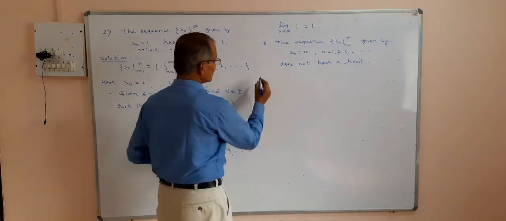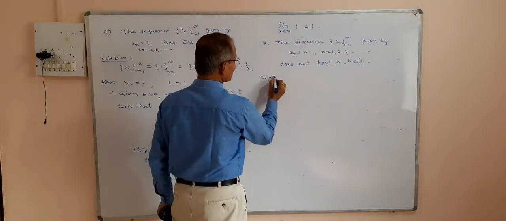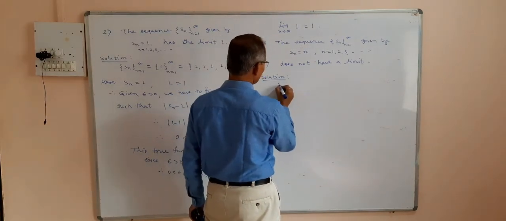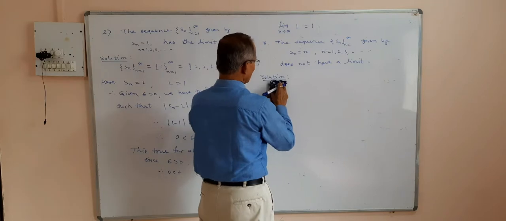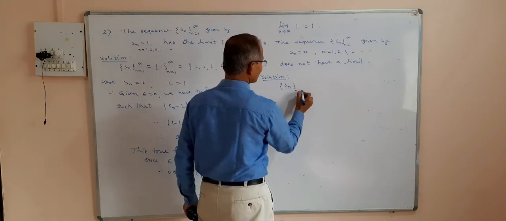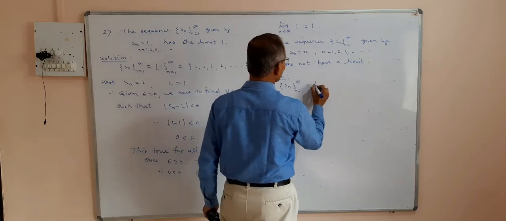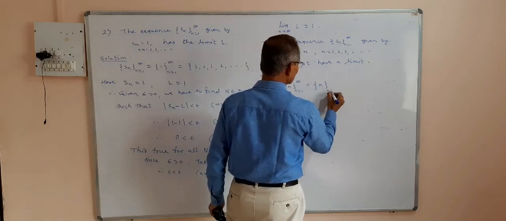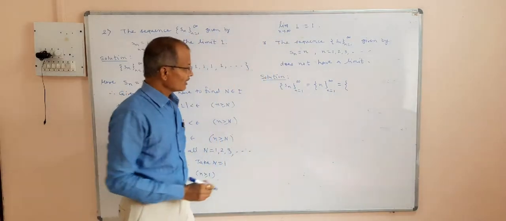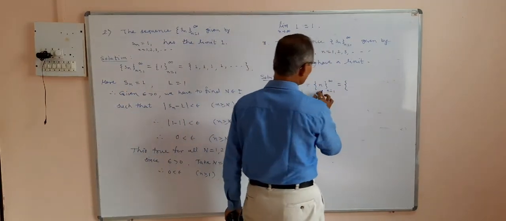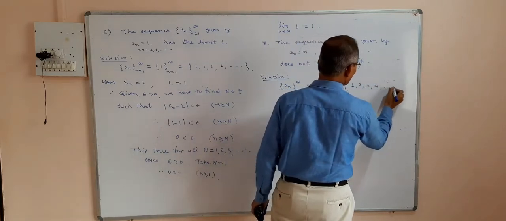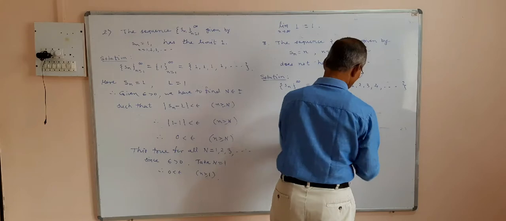See actually what are the sequence terms. The given sequence is Sn, n takes values 1 to infinity. And what will be the terms? It is n. S1 is 1, S2 is 2, and so on: 1, 2, 3, etc. These are the terms of this sequence.